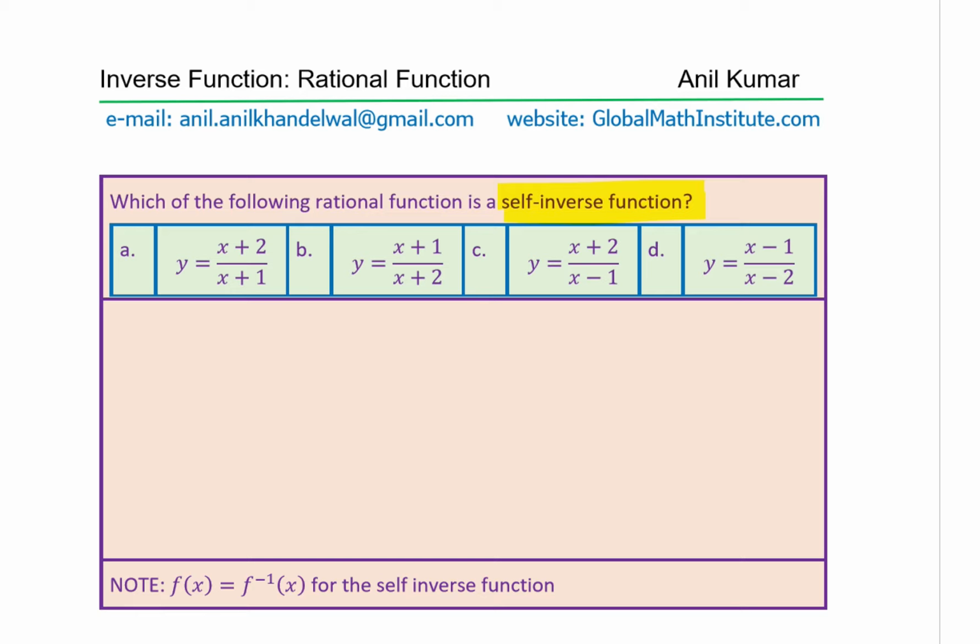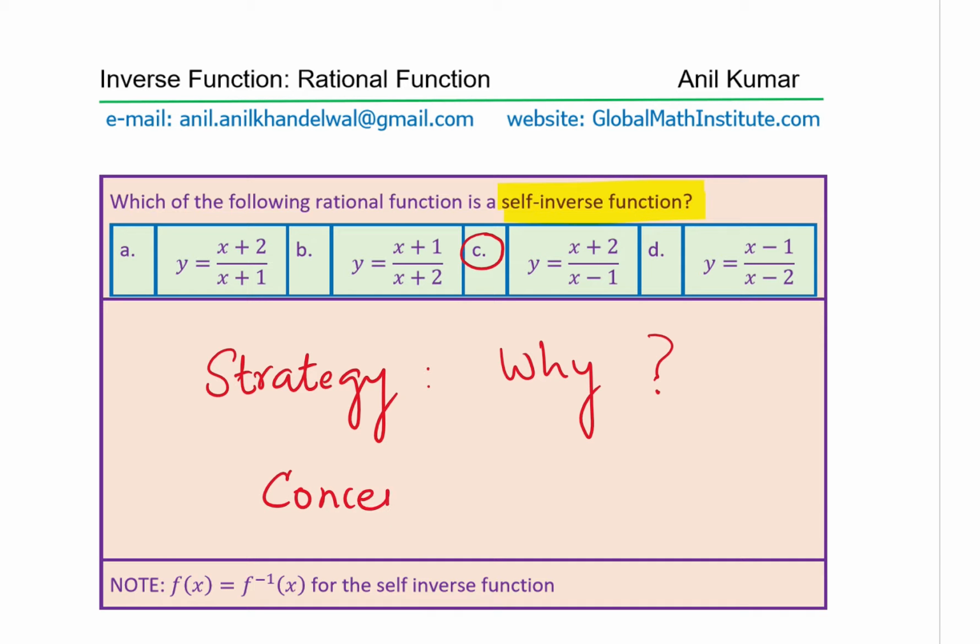So here we'll understand a strategy. I'll teach you a strategy which could give you the answer by inspection, and therefore my answer is option C. What you need to understand is why. So we'll understand the concept and then apply that concept.